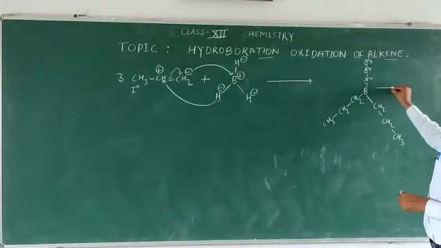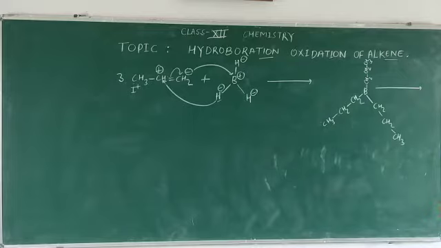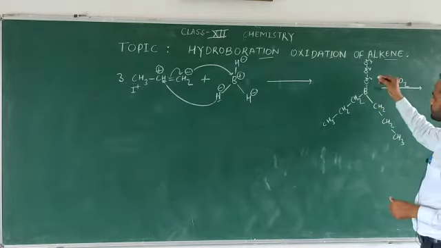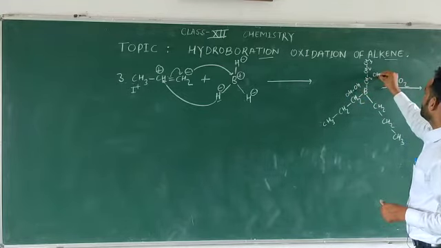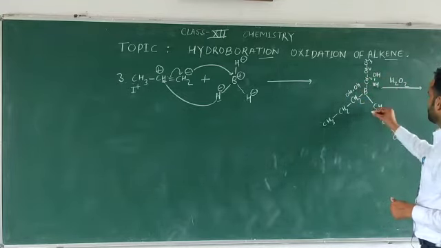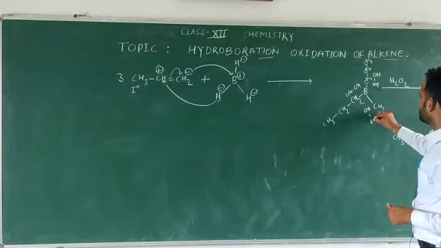Now we are going to combine it with hydrogen peroxide, that is H2O2. So let's write it like this, OH here and here as well. This is hydrogen peroxide.